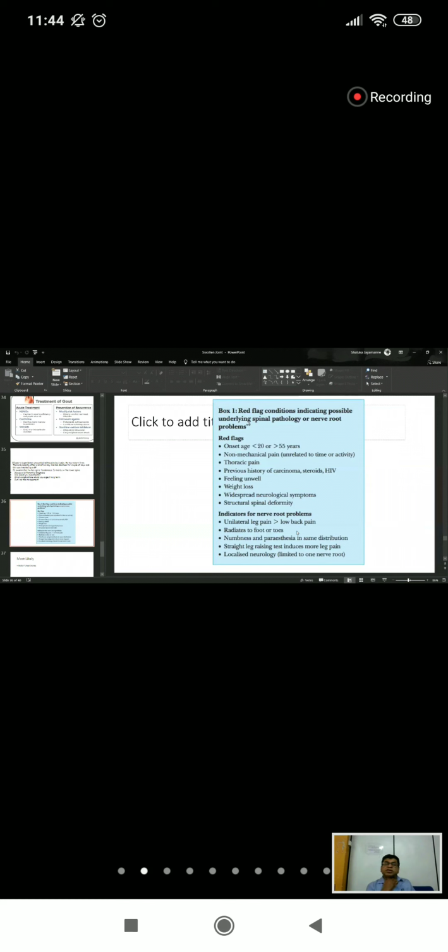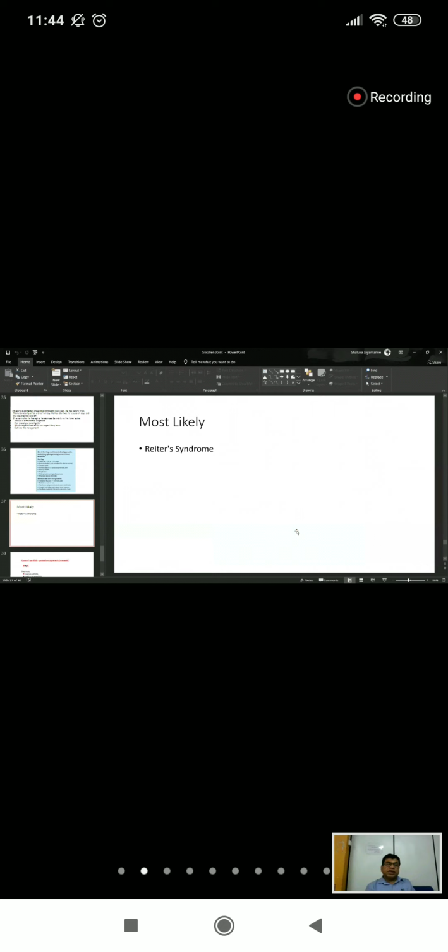There are indications for nerve root problems: unilateral leg pain that radiates to the foot or toes, numbness and paresthesia in the same distribution, straight leg raising test inducing more leg pain, and localized neurological signs. So most likely in this case is Reiter's syndrome because this is following a diarrhea. That's the most likely diagnosis.